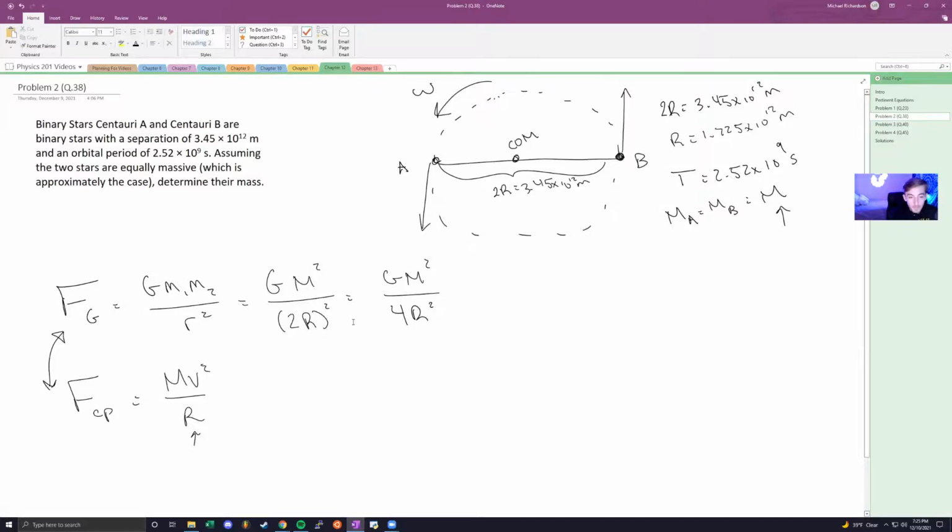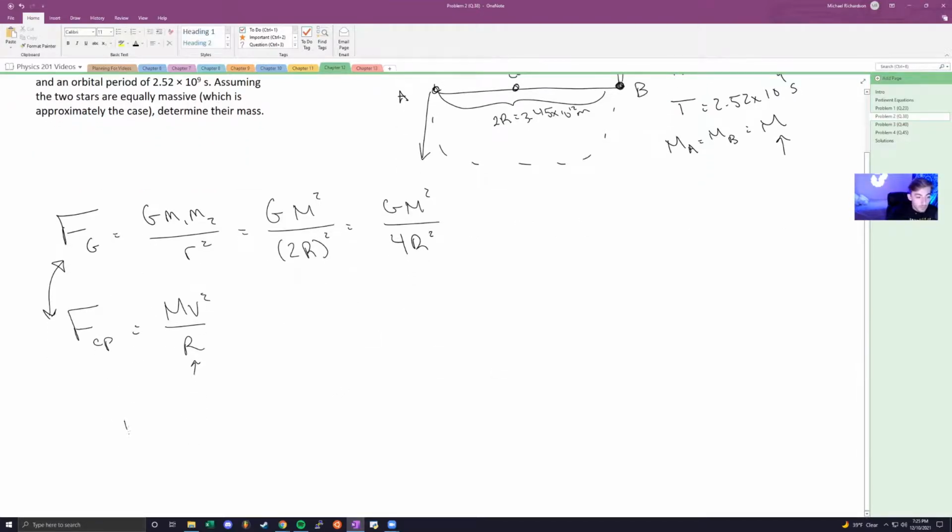So we get that our force of gravity, or gravitational attraction rather, is going to equal our centripetal force. Putting this in terms of our quantities we already have, we have Gm squared divided by 4r squared is going to be equal to mv squared over r.